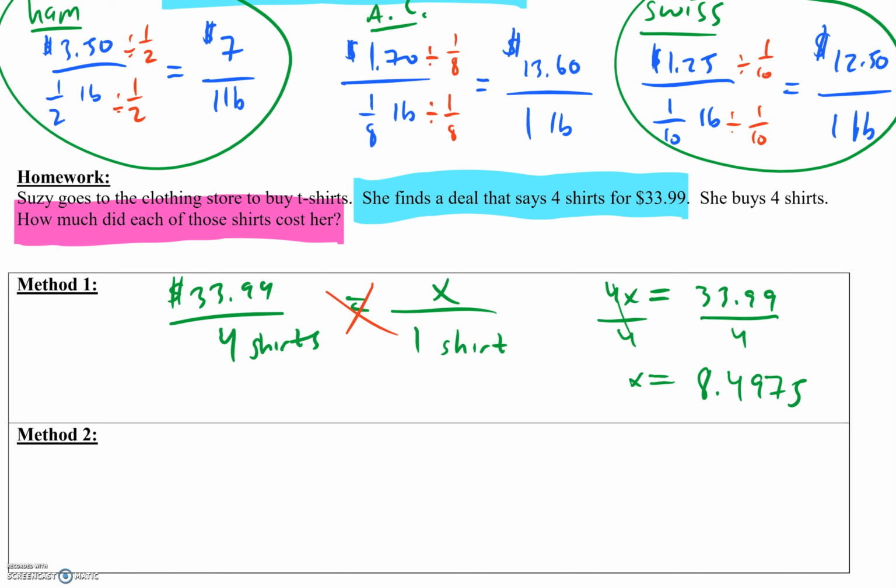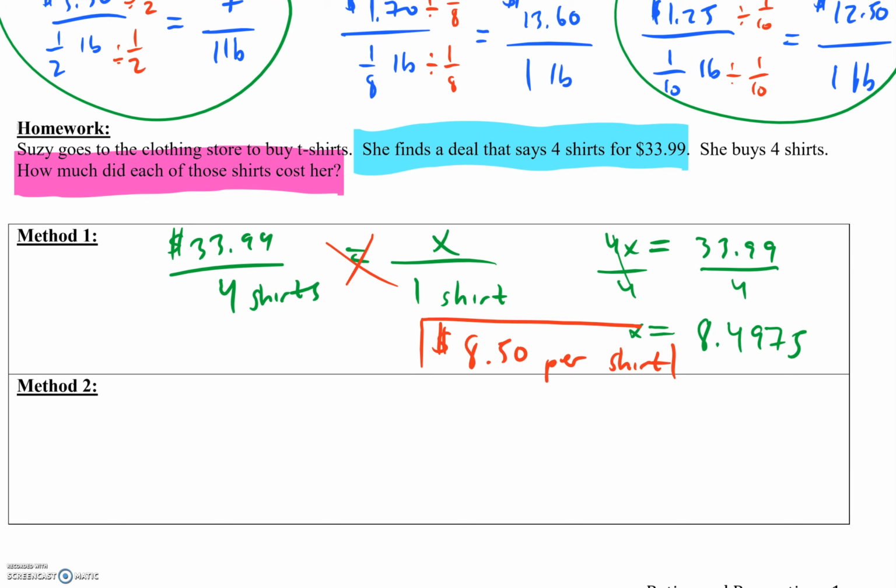All right, and this would round to $8.50. That is one method.